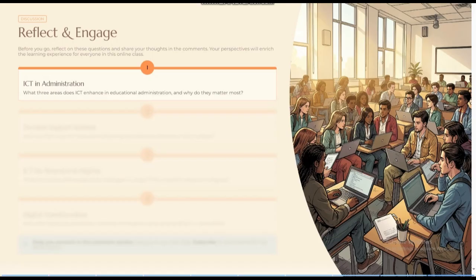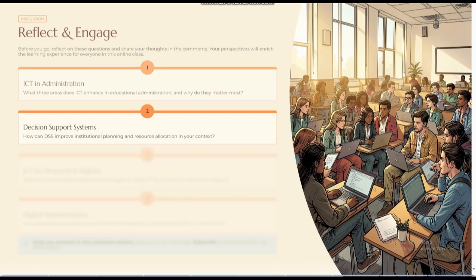So for ICT administration, what 3 areas does ICT enhance in education administration? Why does it matter most? For decision support systems, how can DSS improve institutional planning and resource allocation in your university, in your discipline, in your office?